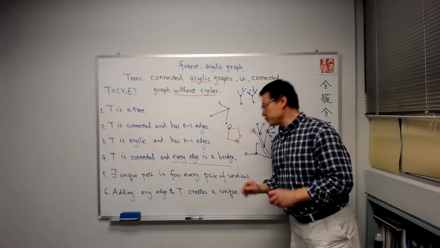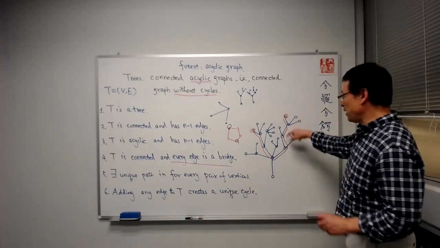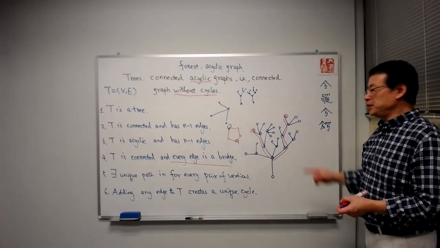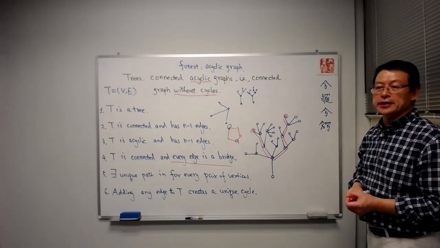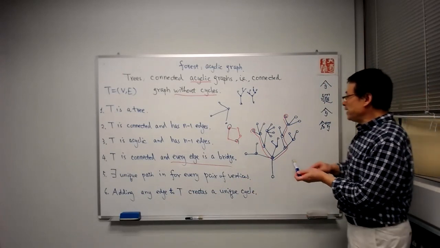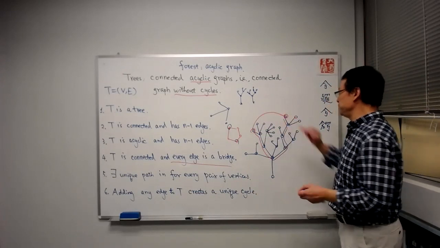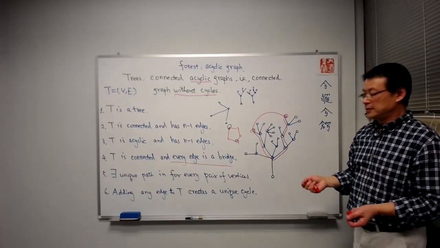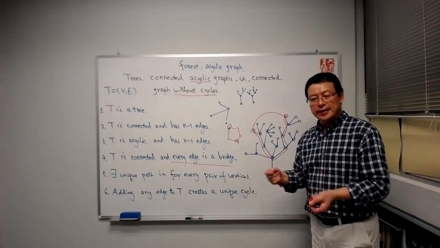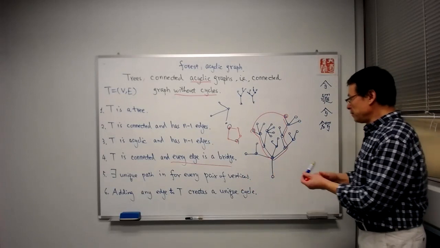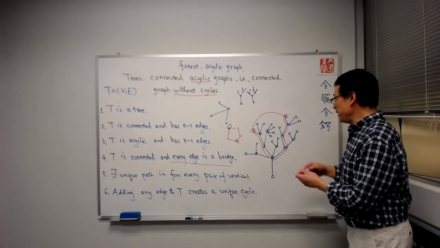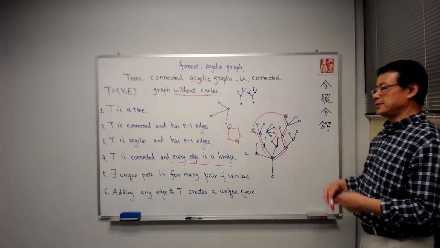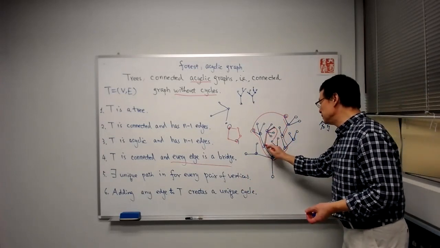And then the sixth one is equivalent to this one because of this property, unique paths. So if you add an edge to the tree, then the unique path together with that edge will create a unique cycle. So if I add an edge between these, this unique path together with this edge gives me a cycle. So these are the very same thing, but stated in a different way. For example, if I add one more edge, maybe this one, that will create a unique cycle.